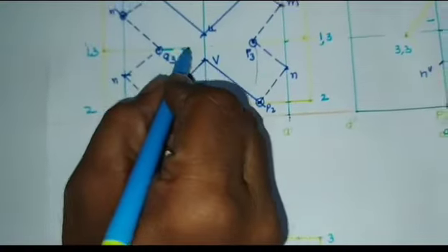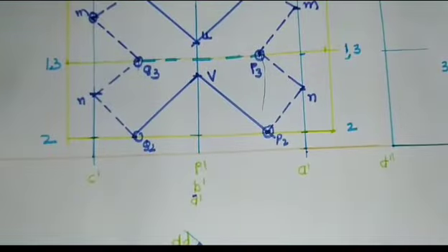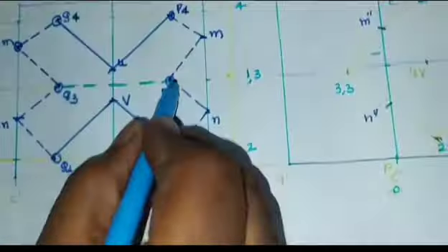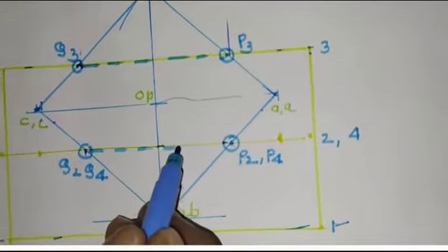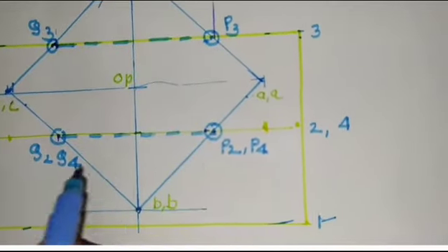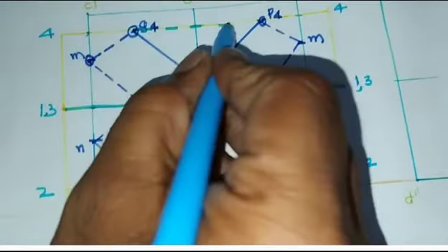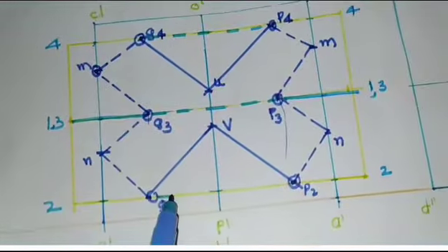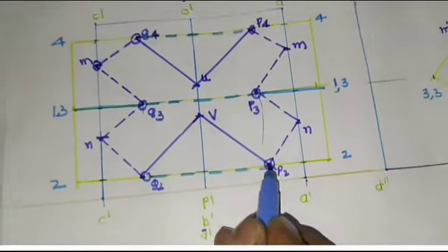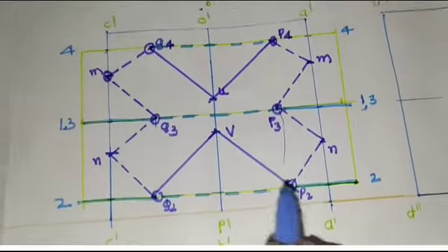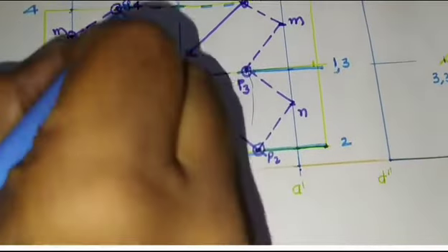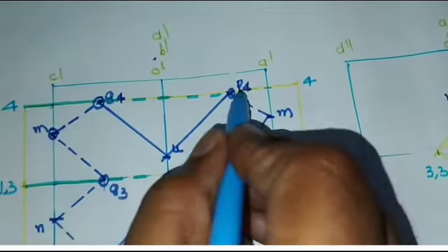This will be the dotted. And P3 to 3 the dark. This will be dark. Q2 to P2, Q4 to P4, this will be the dotted. Q4 to P4, Q2 to P2 will be dotted, and P2 to 2, Q2 to 2 will be dark, Q4 to 4 will be dark, this will be dark line.